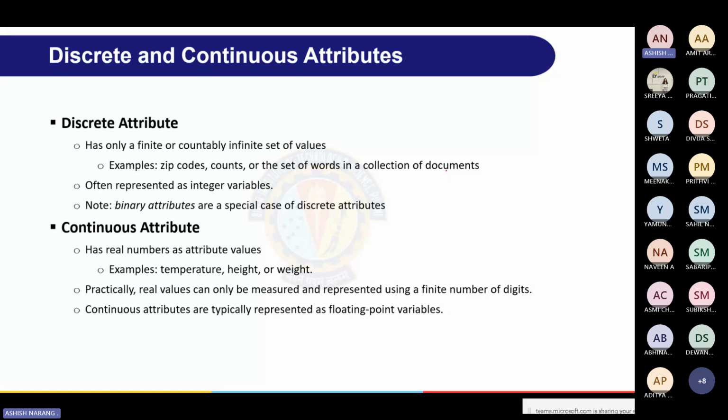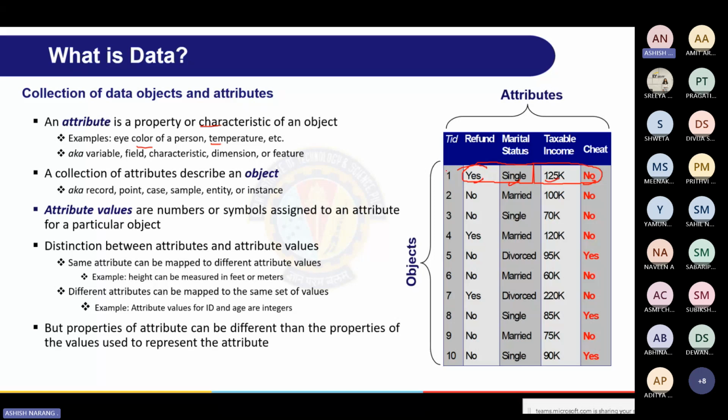When I go back to this data, if I look at refund or marital status, what are these? Are they discrete valued or continuous? A quick answer would help me if you have understood or not. Discrete.